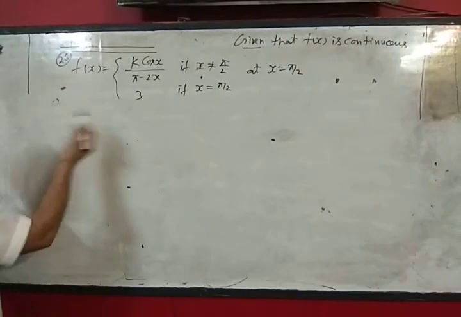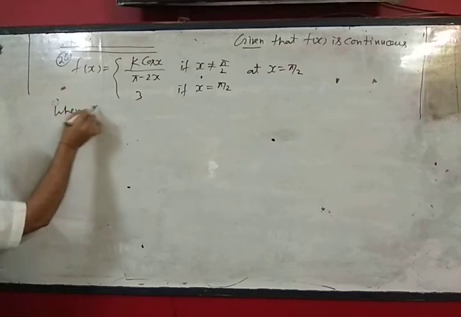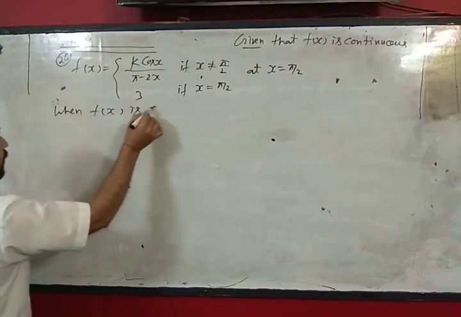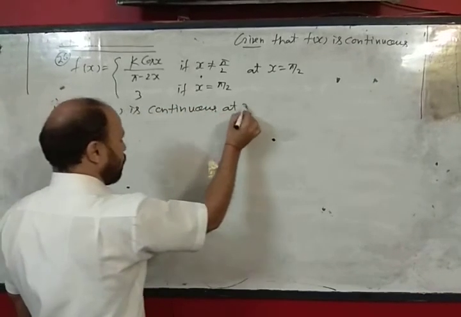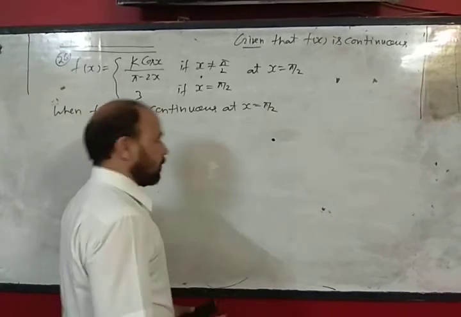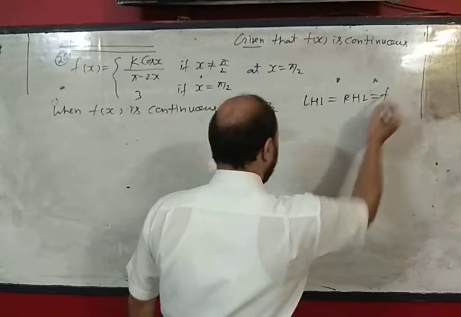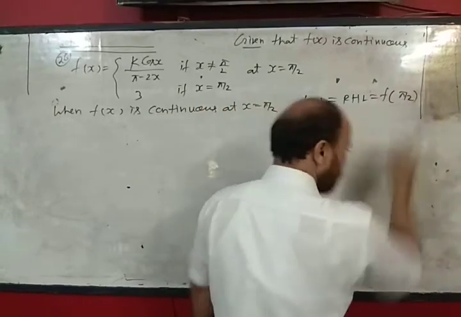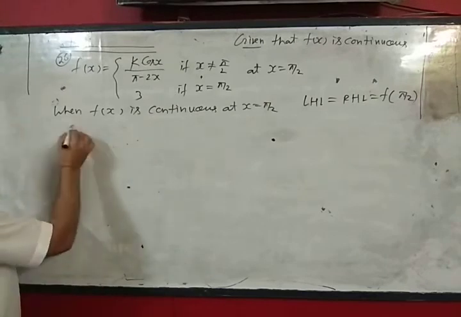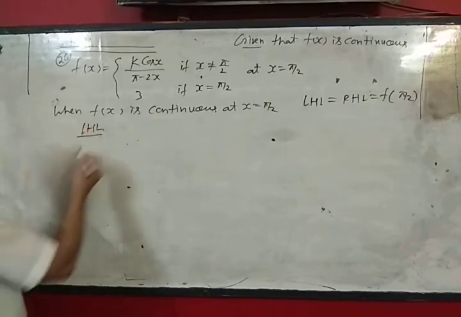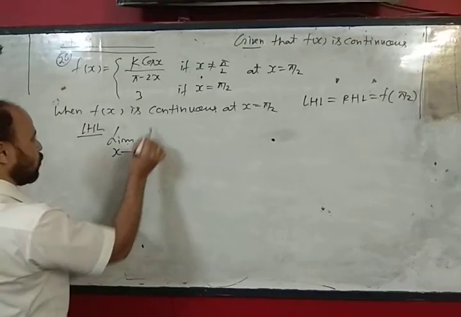We know that when a function is continuous at a given point, when f(x) is continuous at x is equal to pi by 2, then left hand limit must be equal to right hand limit, equal to the value of the function at the given point. So the left hand limit, that is LHL at x is equal to pi by 2, is limit x tends to pi by 2 minus f(x).